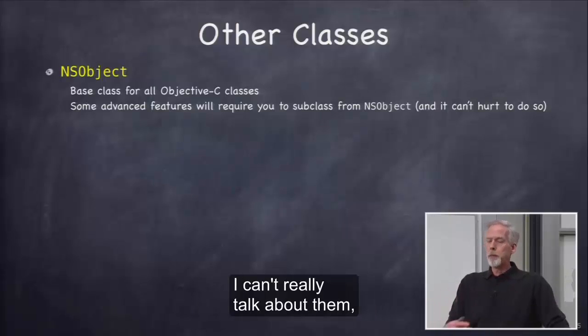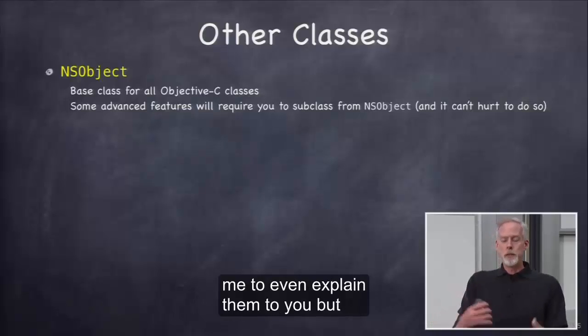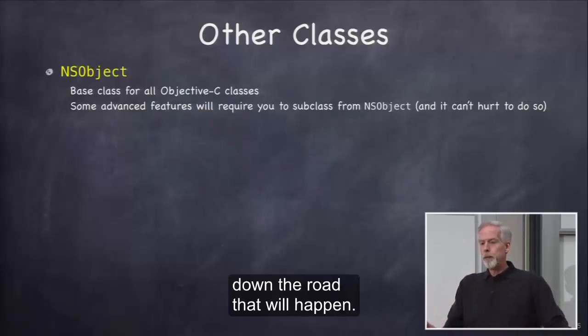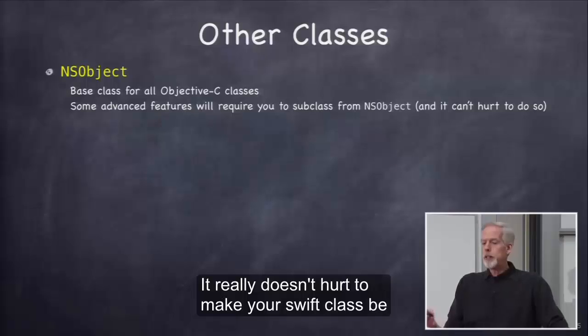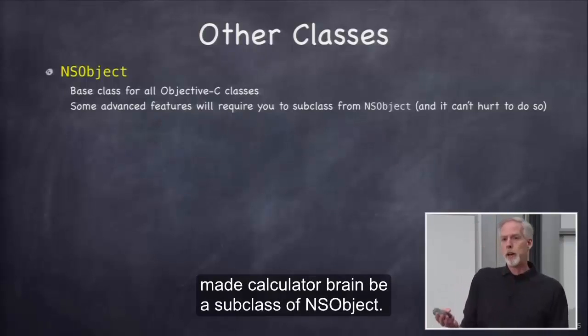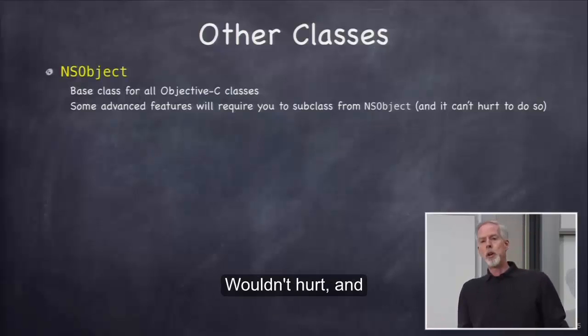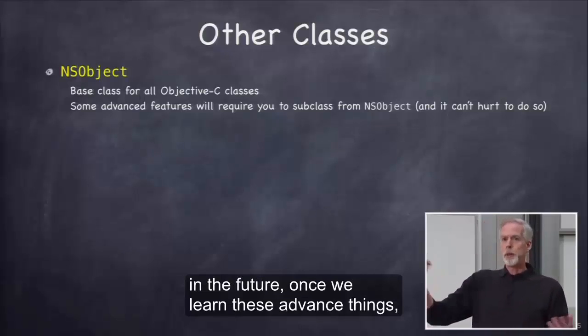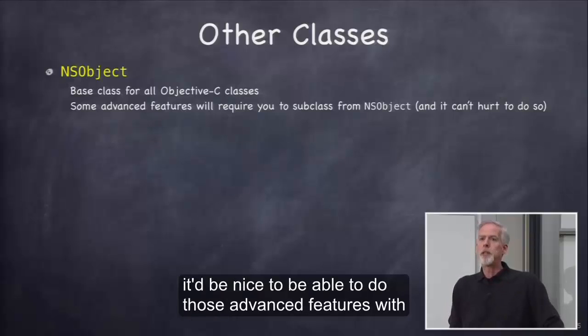I can't really talk about them because there are other things you need to know for me to even explain them, but down the road that will happen. It really doesn't hurt to make your Swift class a subclass of NSObject, so we could have made CalculatorBrain a subclass of NSObject. It wouldn't have hurt, and in the future, once we learn these advanced things, it'd be nice to be able to use those advanced features with CalculatorBrain.